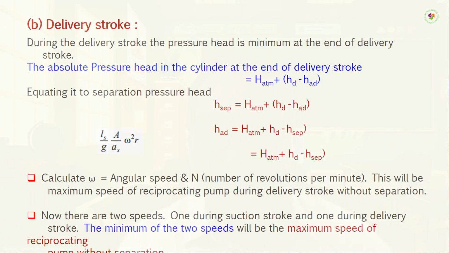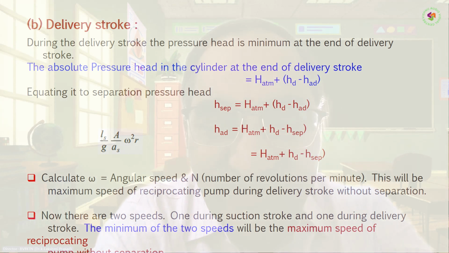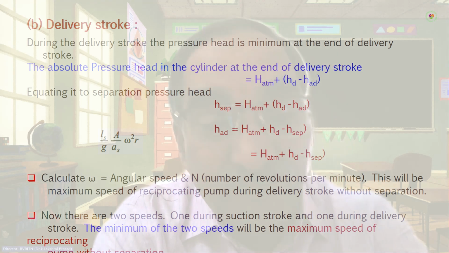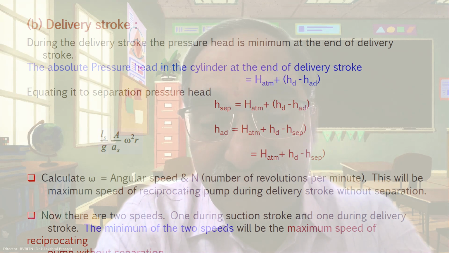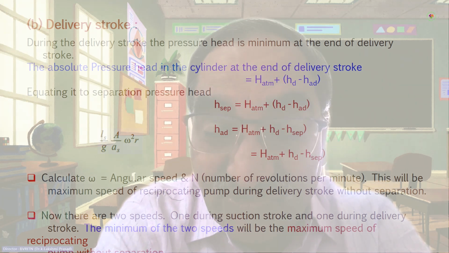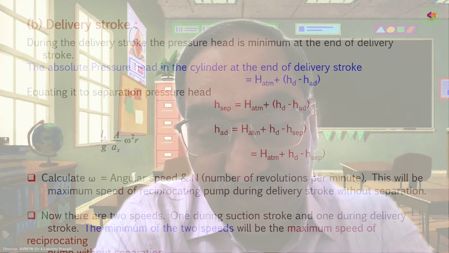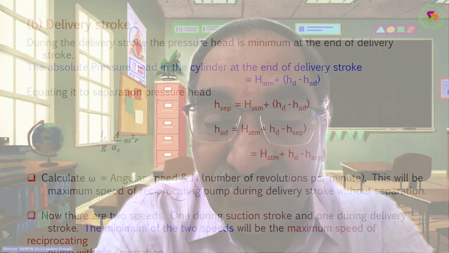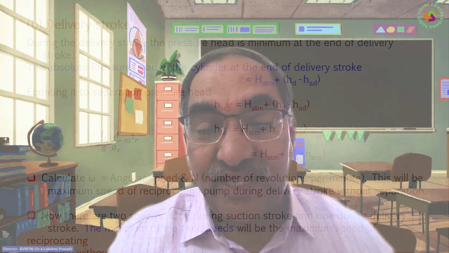So that is why, the moment this cavitation occurs, flow continuity will not be there. Flow gets separated. The flow separation leads to eddy currents, the discontinuity of flow. This leads to efficiencies falling down.